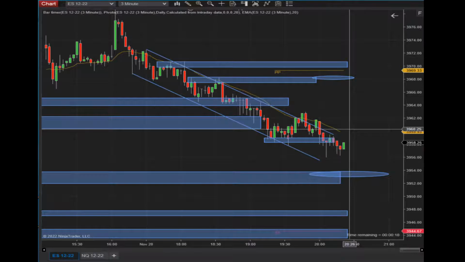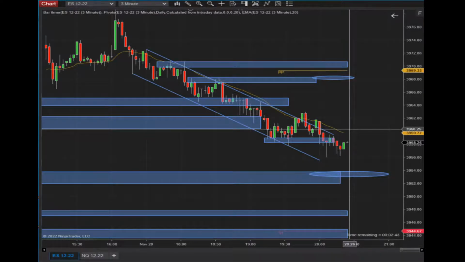And of course, you can do treasuries, bonds, different things like that. I mainly stick to the S&P 500 and the NASDAQ. I used to trade crude, but I didn't really do too well in it. I tried out corn, but that just didn't really suit my trading style.